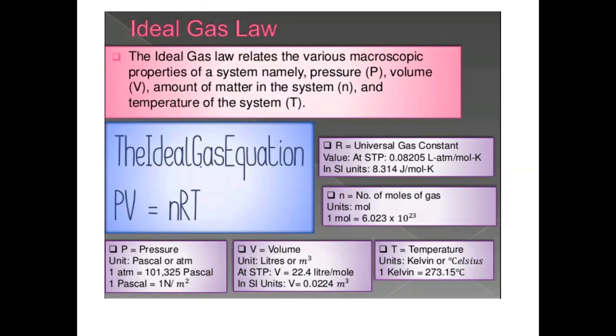Whereas T is the temperature which must be in Kelvin, and R is the universal gas constant, and at STP, standard temperature and pressure, its value is 0.0820 liter atmosphere per mole per Kelvin. Or in SI units it is 8.314 joule per mole per Kelvin. Right, students?